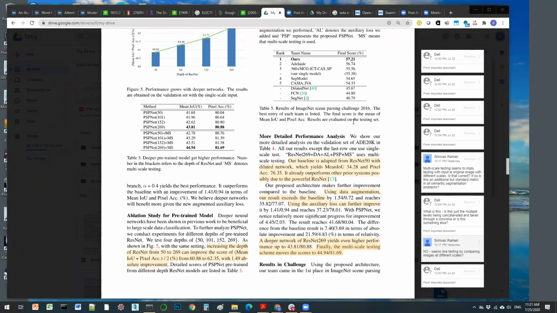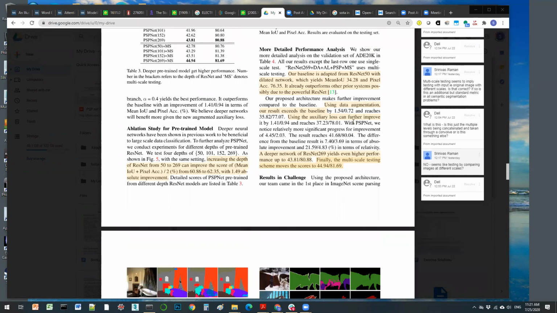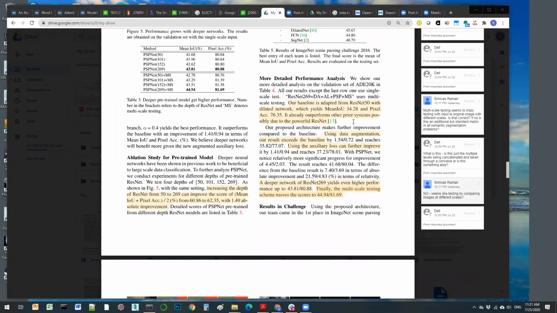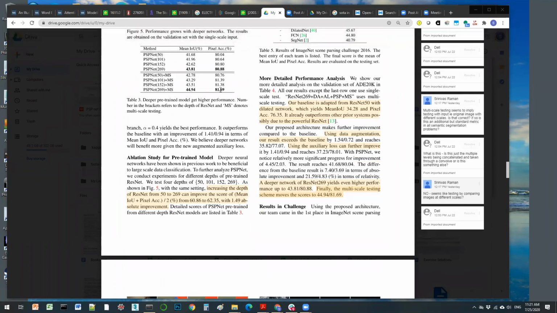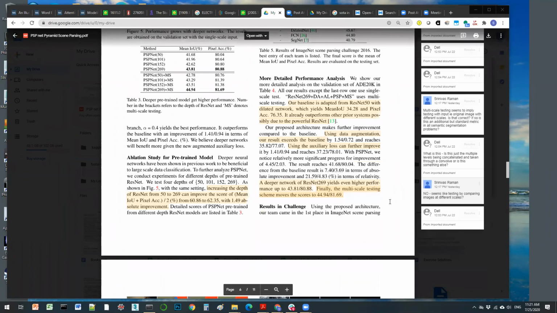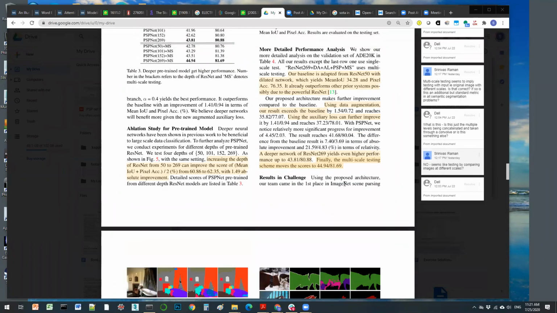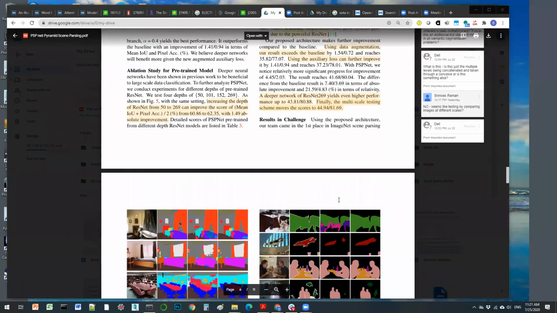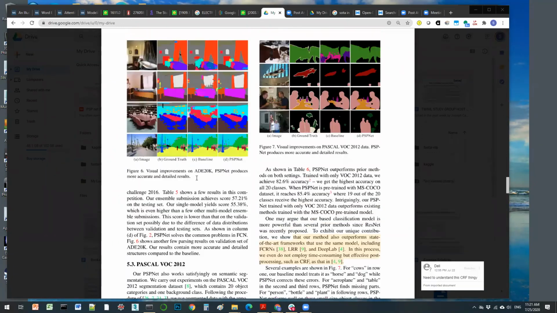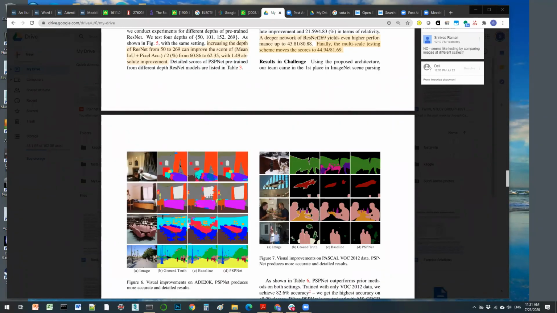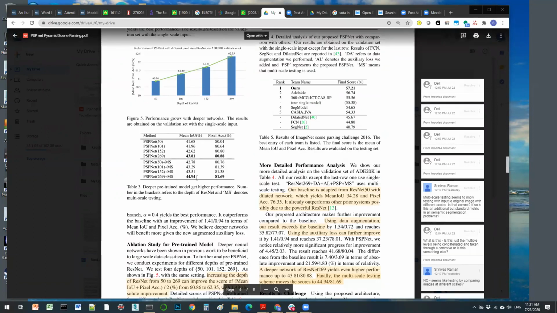So, and then that's it. They just say, hey, finally multi-scale testing moves it to 44.94 for IOU and pixel accuracy of 81.69. And then using this, they came in first place in ImageNet scene parsing, and then they go over Pascal VOC 2012. And to your question that you'd asked, it'd be good to see what the image sizes are.